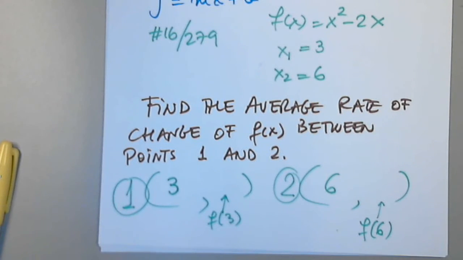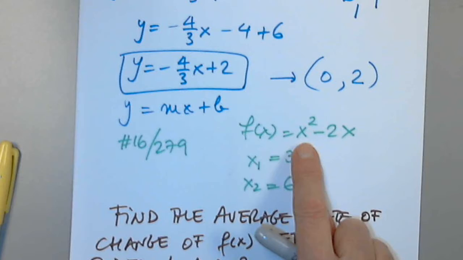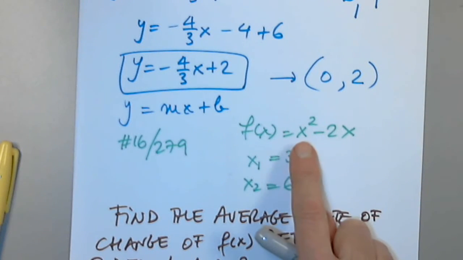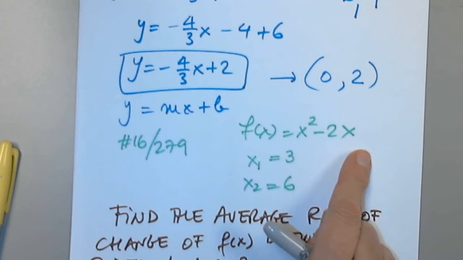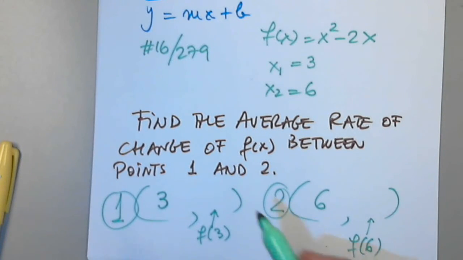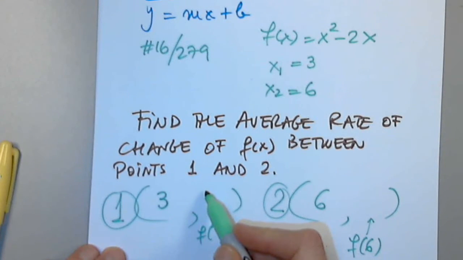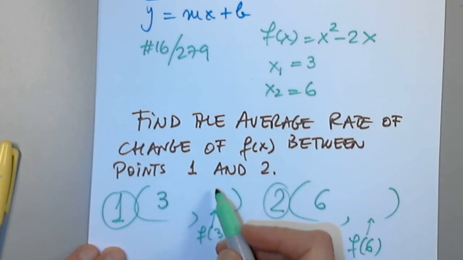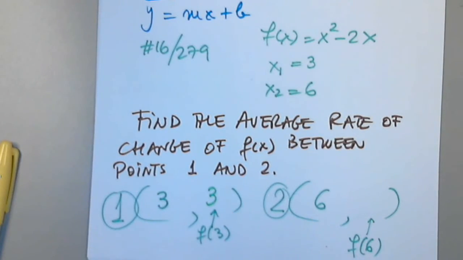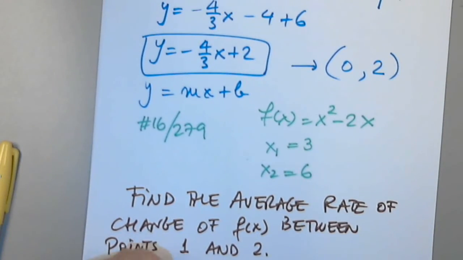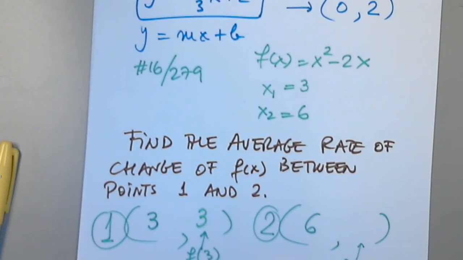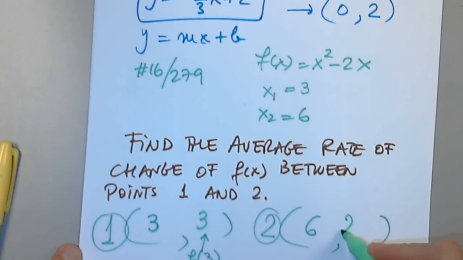So let's plug it in. 3 squared is 9. 2 times 3 is 6. 9 minus 6 is 3. Now let's plug in 6. 36 minus 12 is 24.